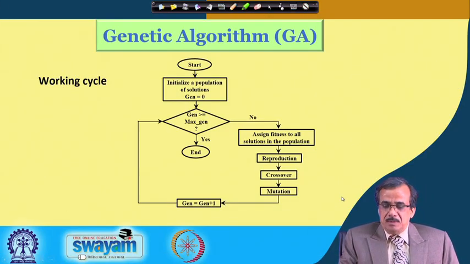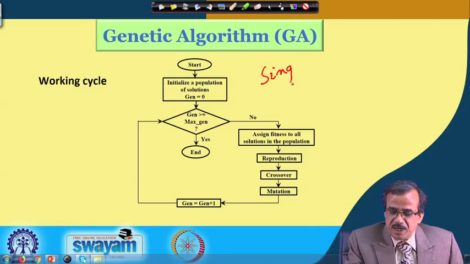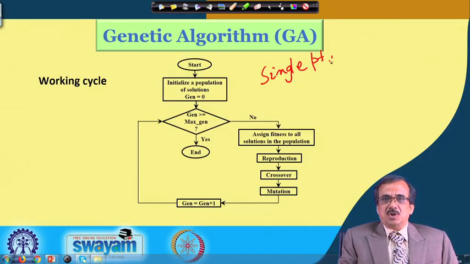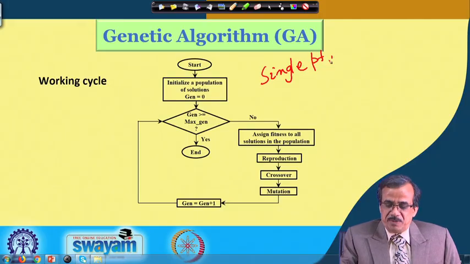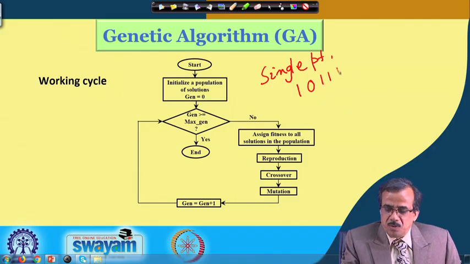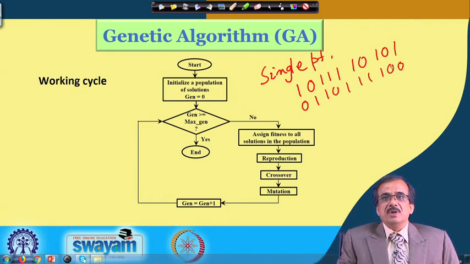The principle of this single point crossover is very simple. Supposing that I have two parents which are going to participate in crossover. One parent could be 1 0 1 1 1 1 0 1 0 1 and another parent could be 0 1 1 0 1 1 1 1 0 0.